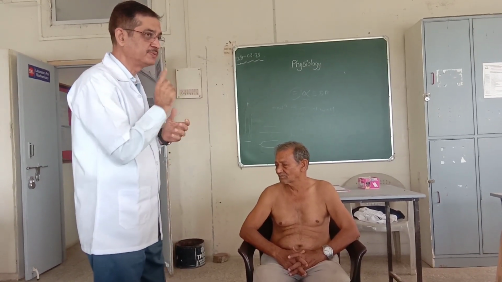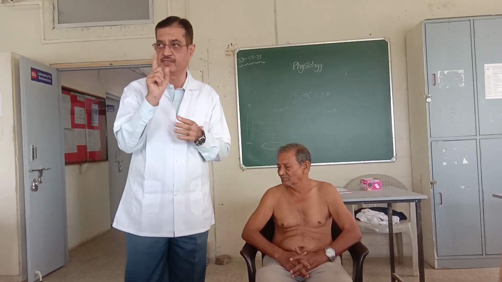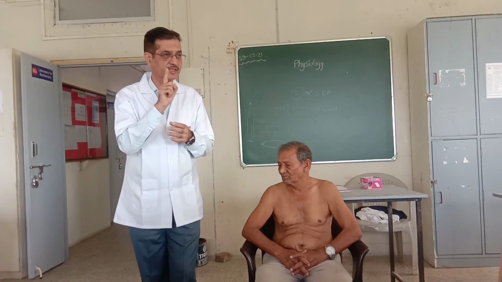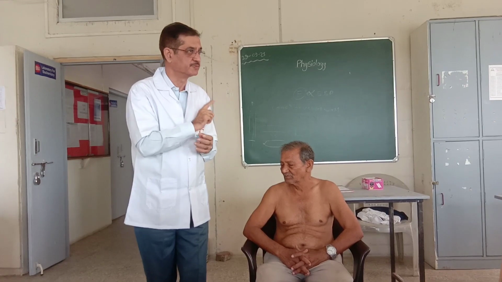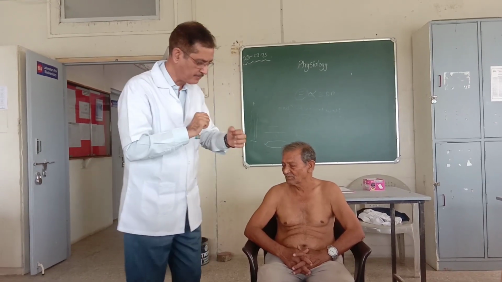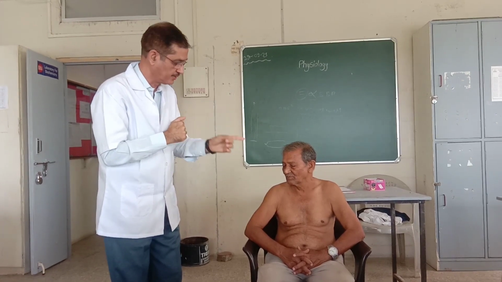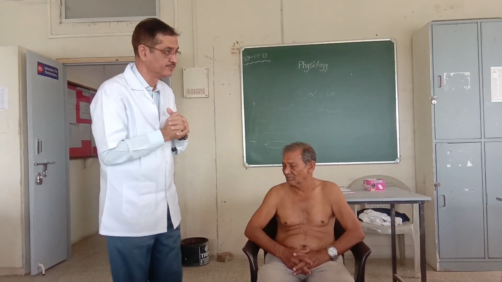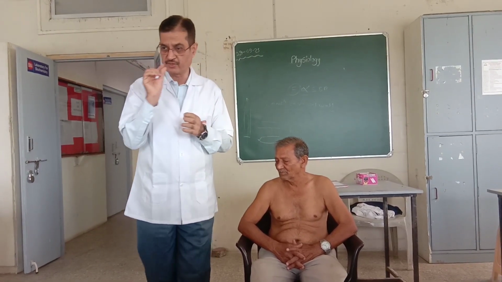But apex beat is visible in thin subjects, and this subject is not thin, right? This patient is a little bit fatty person. That's why apex beat is not visible in this patient. But if it is visible, you should note this point.